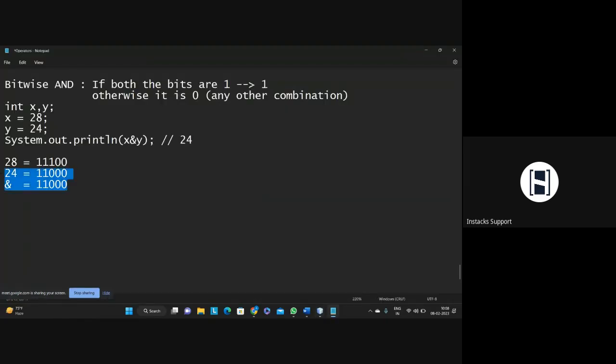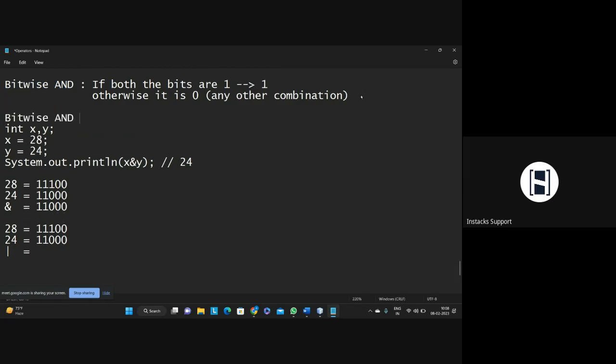Okay, let us take the same thing. So now I'm going to apply the OR operator. When I apply the OR operator, how is your bitwise OR going to work? If any one of the bits is 1, no need for both bits. I am saying if any one of the bits is 1, it is going to give me 1.